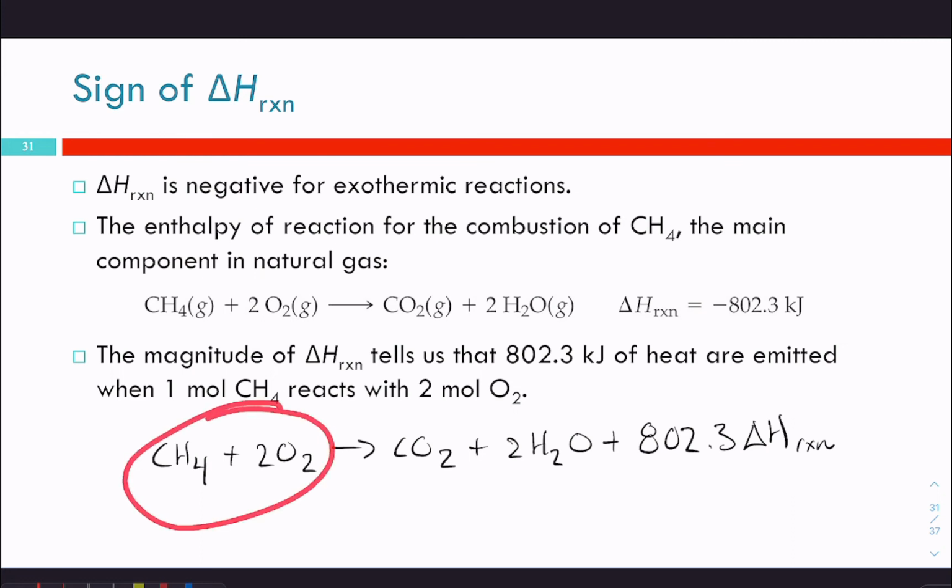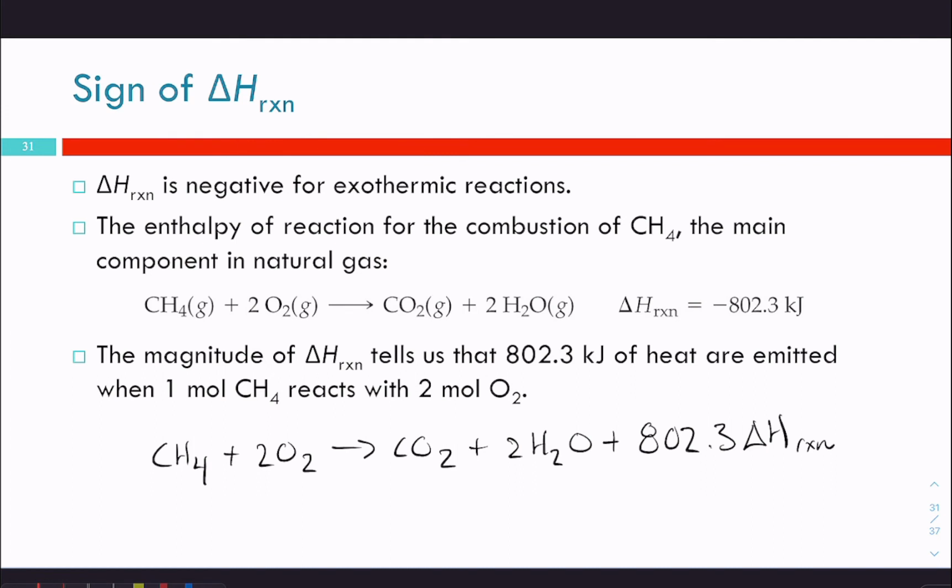So if this is our system, as we go from reactants to products, these are all now separate entities outside of that system. So they're now 3 separate things. We made the CO2, we made the water, and we also removed heat from those 2 molecules.